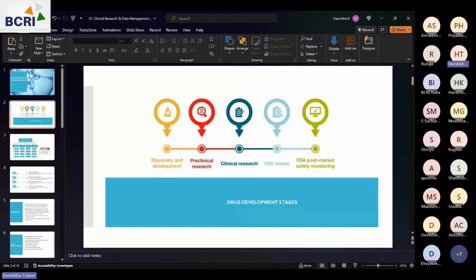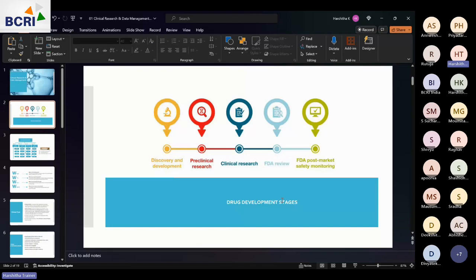Coming to clinical research, you are checking how your molecule, which is nothing but your drug, is responding, the pharmacokinetic and pharmacodynamic properties of your drug on human participants, on human subjects. So it's literally conducting a trial and error trial on human subjects. Again, there are different phases in conducting this clinical research. You will learn in depth once you join the course.